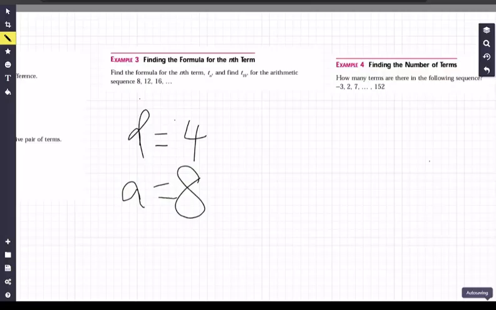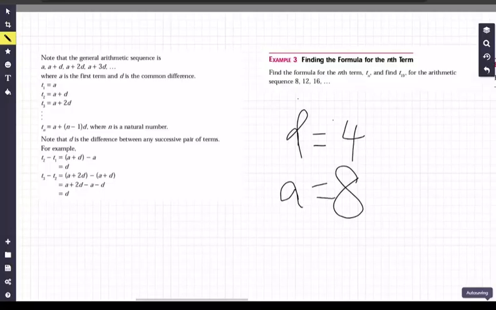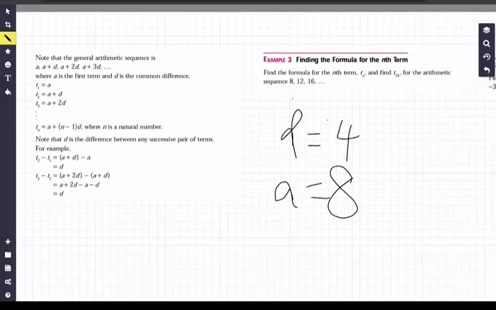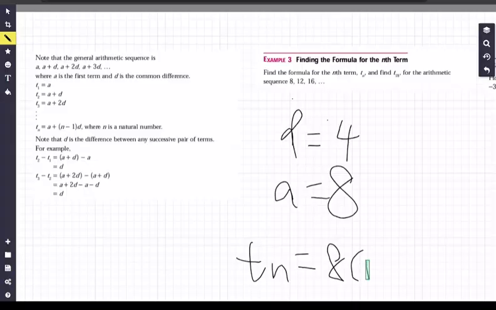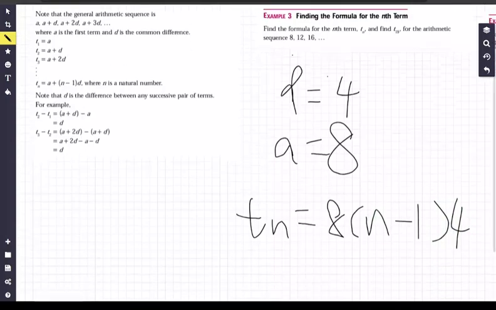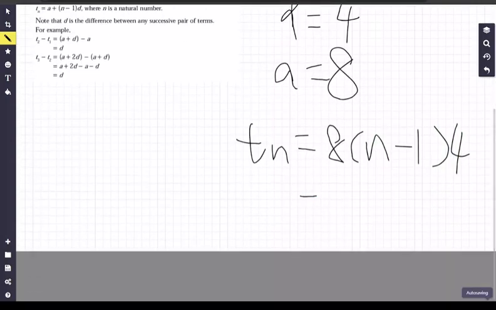So now we have enough. Why don't we just apply the formula? Tn is equal to a, which is 8, plus (n minus 1)d. Oh, d is 4. So let's go ahead and multiply this out first.